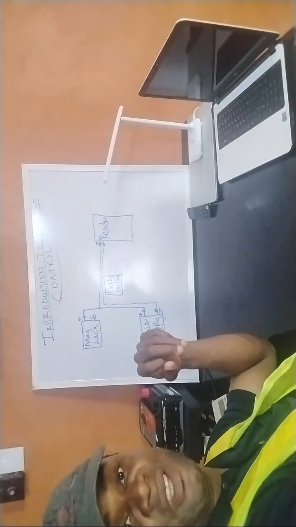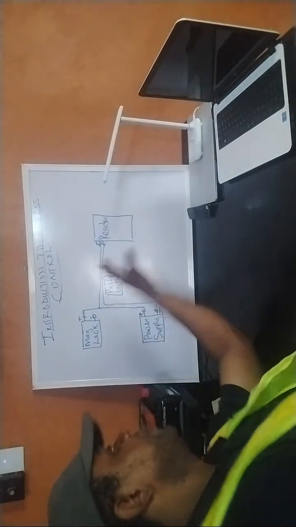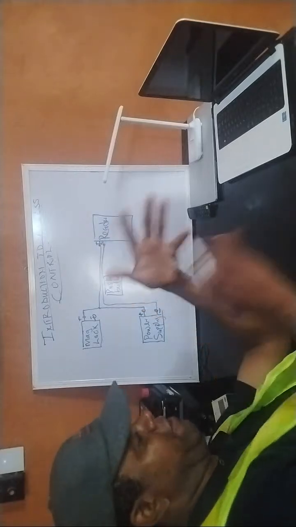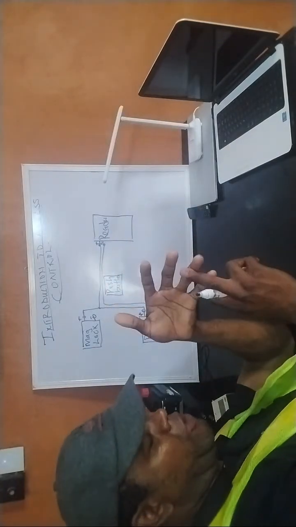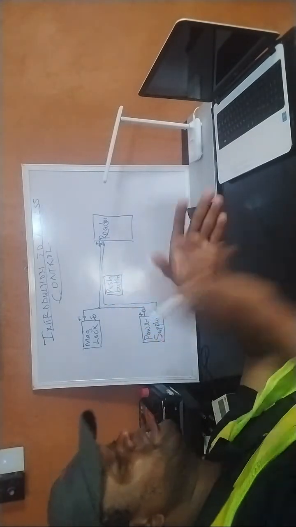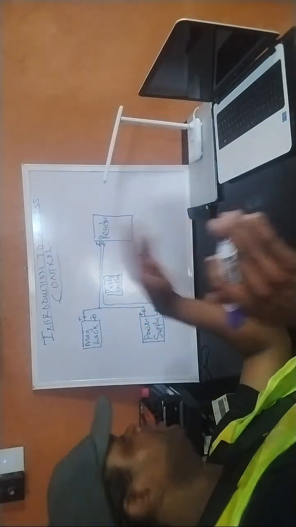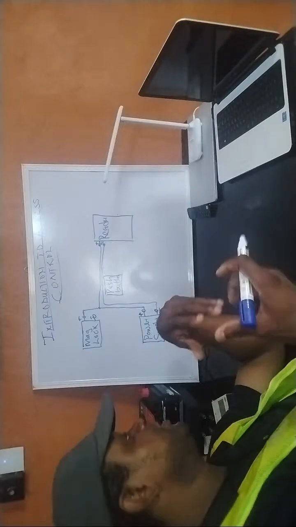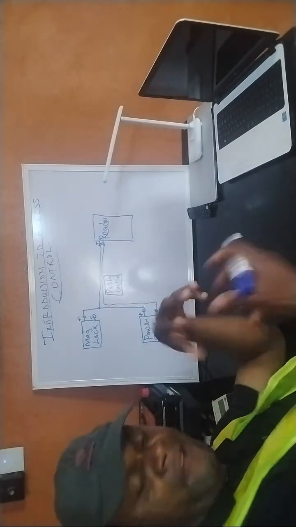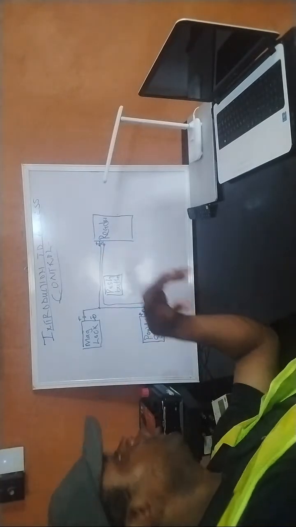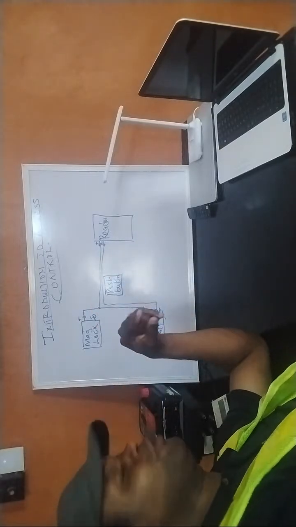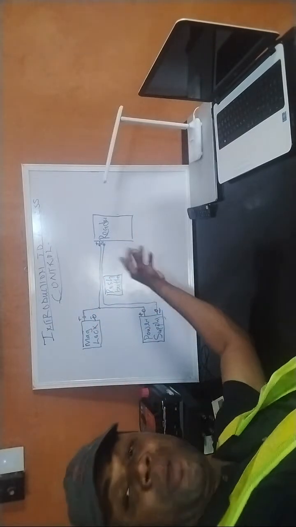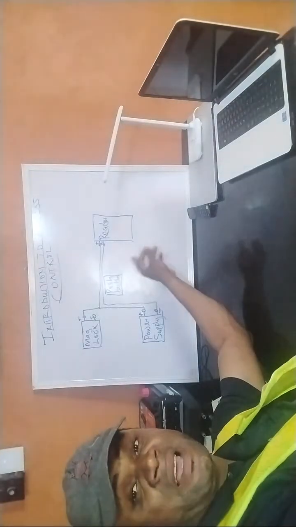But one thing we must understand is this reader has so many contacts. You have your normally closed, you have your normally open, you have your push buttons, you have your alarm, different terminals on your reader. When you go to the back of your reader, you see all of these terminals I'm talking about. So from this, you need to look for the normally closed contact of this reader.